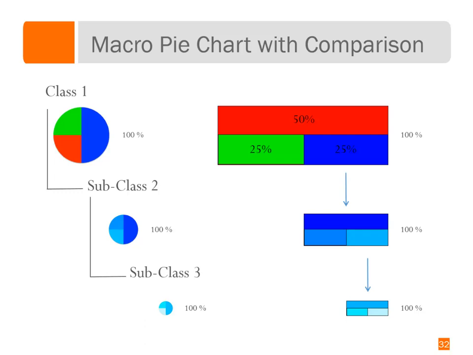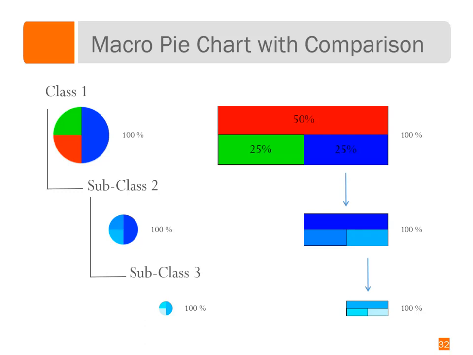Over on the right-hand side, we pretty much do the same thing, and we've done this intentionally, where we have 3 different categories. They all add up to 100%. So we have 50%, 25%, 25%.